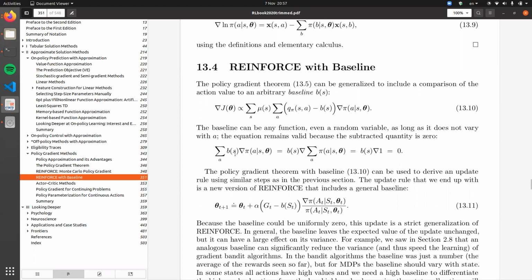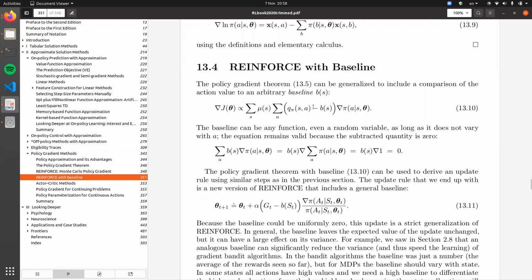So the gradient of a sum is a sum of gradients. We use simple rules from calculus to show that we basically get the product of b(s) with the gradient of a constant, which is 1, the sum over all actions of the policy, which is 1 by definition, and so that would be 0.